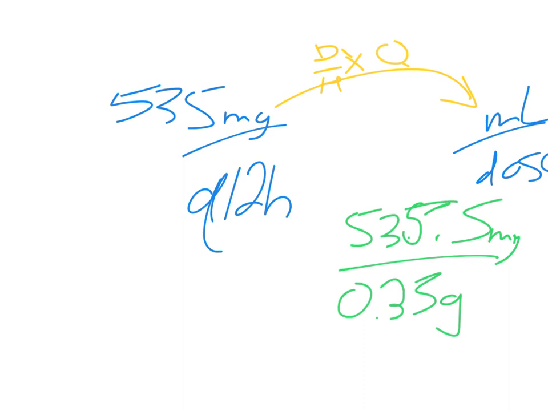My sloppy handwriting has moved this a little bit, so let me show you this again. It was 535.5 milligrams that had been ordered based on, again, the patient's weight. Because it was per kilogram and our patient was 71 point whatever kilograms, this is what they need.